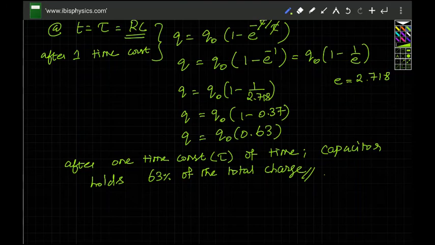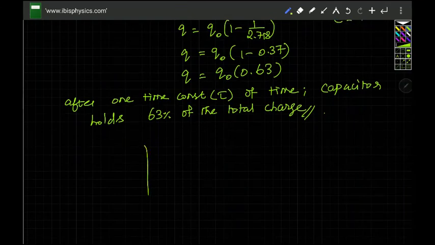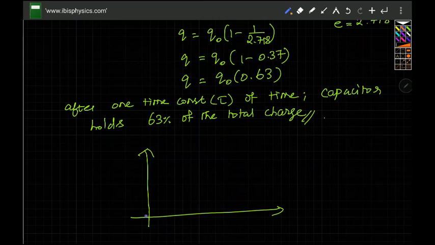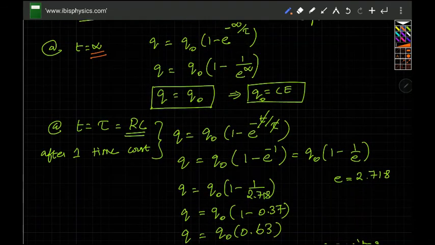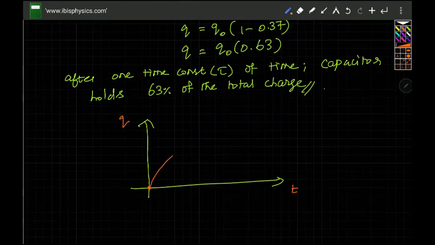Subsequent to this video, let us analyze the current in the circuit and the voltage in the circuit. If you plot this graph, it is going to Q naught. If you take time on the x-axis and charge on the y-axis, when time t equals 0, charge is equal to 0. After infinite time, charge is maximum. So the charge will increase like this.